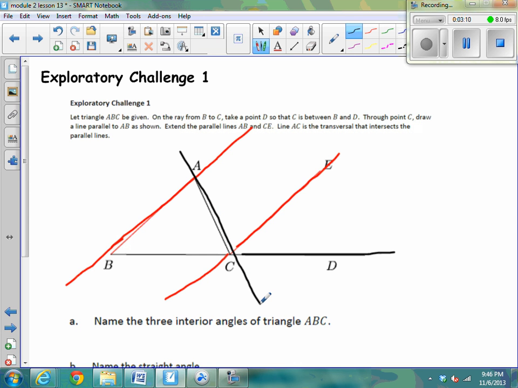And if you turn your book or your binder slightly, you should start to see that it looks like the red lines are the 2 parallel lines, and line AC is the transversal. So we start out looking at the triangle ABC, but now we're noticing that AB and CE are the 2 parallel lines cut by transversal AC.